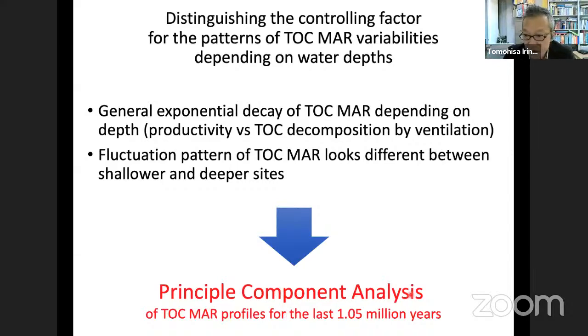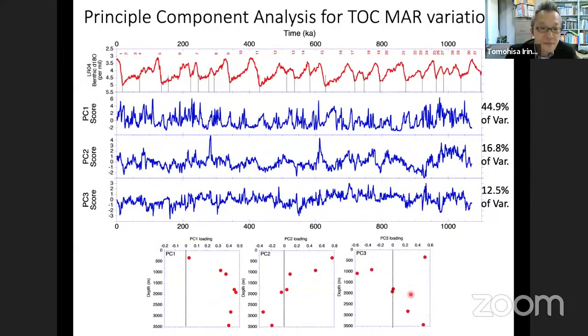And this is the result. So the 7 TOC mass accumulation rate data sets are summarized into, or explained by, the combination of these 3 major fluctuation patterns of TOC flux.